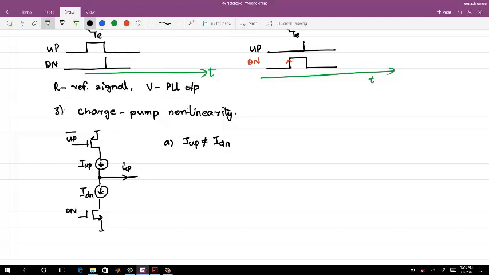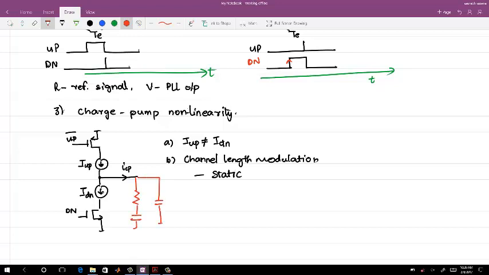Channel length modulation. Channel length modulation is surely there, but quite often you can fix the static one. This is one of the tricks being used. Let's say this is the loop filter, with C1, C2.